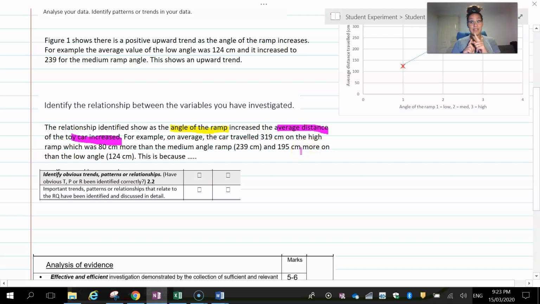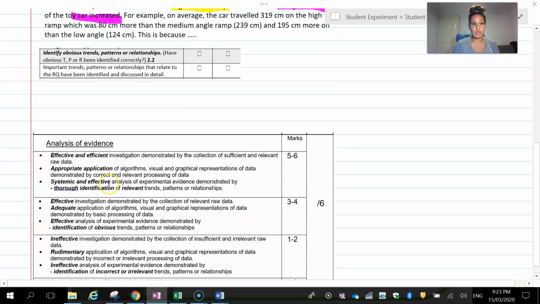That is, does the variable affect distance traveled? That's what your research question is. We want you to answer this part because it does relate back to your research question. I can't stress that enough, because we want you to do thorough identification of relevant patterns and relationships. So, trends, patterns, and relationships. That's what I'm trying to get you to do here.